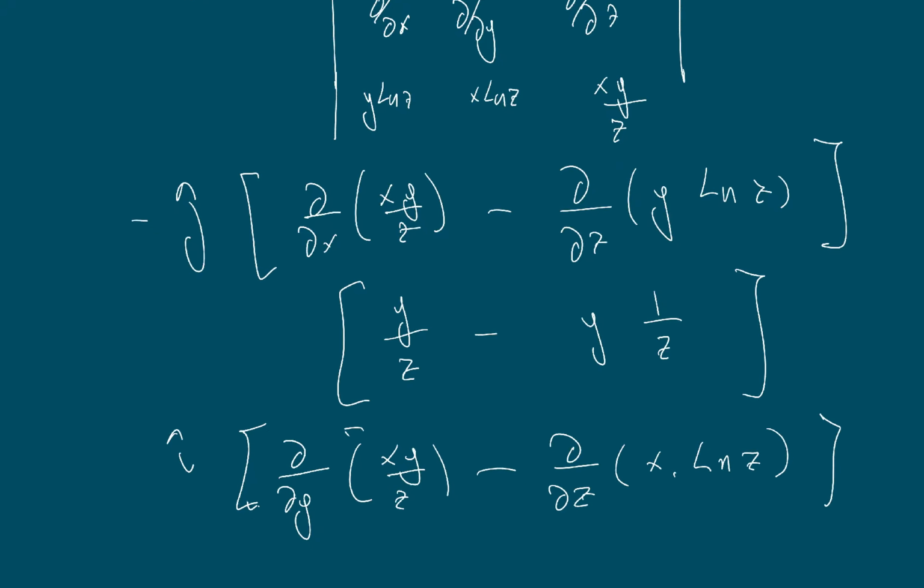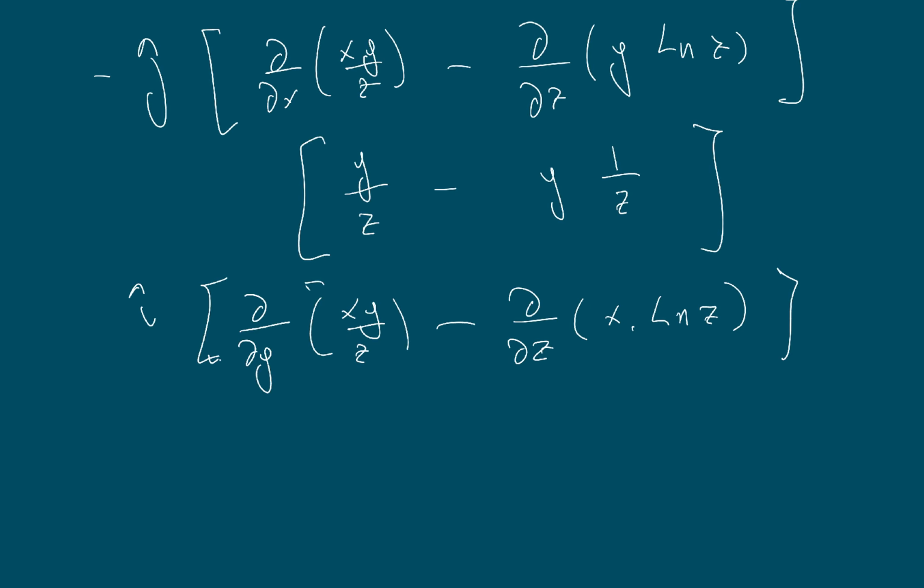The partial derivative of x multiplied by y divided by z with respect to y is simply x divided by z. And here, with respect to z, x is constant, so it's x times the derivative of natural log of z, which is 1 divided by z. So this is again 0.